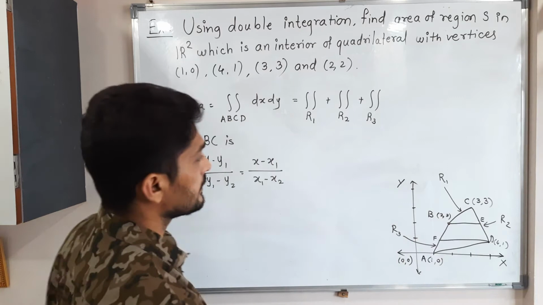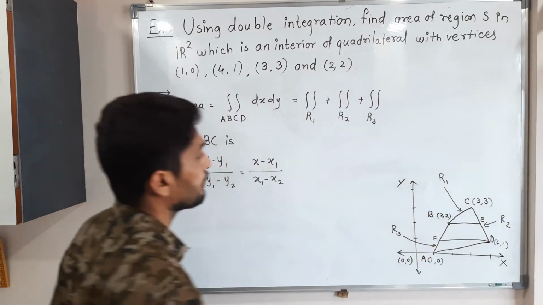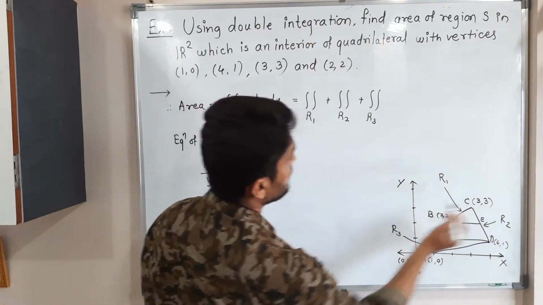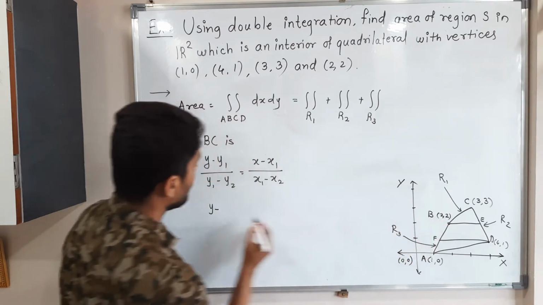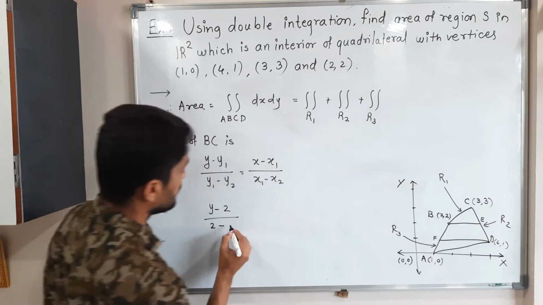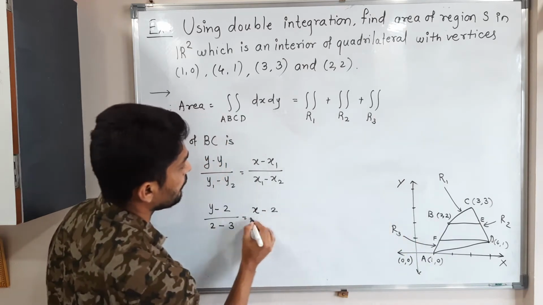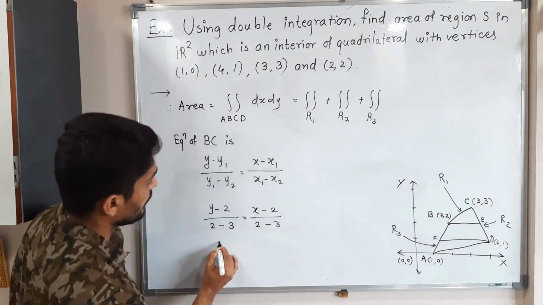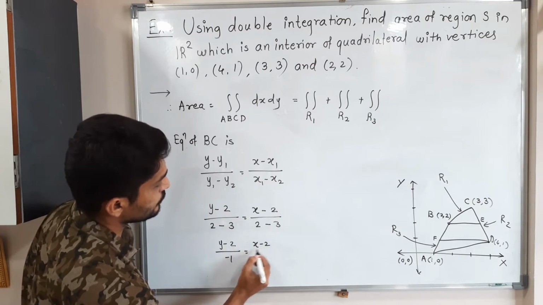The points are (2, 2) and (3, 3), so I consider (x1, y1) as (2, 2) and (x2, y2) as (3, 3). So we have (y minus 2) upon (2 minus 3) equal to (x minus 2) upon (2 minus 3), that is, (y minus 2) upon minus 1 equals (x minus 2) upon minus 1.